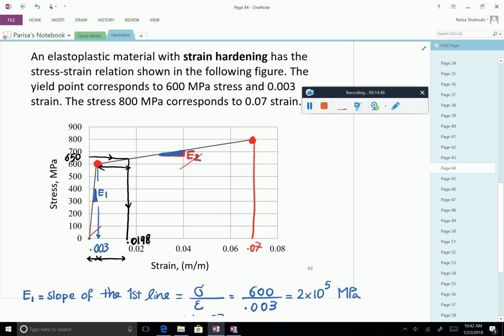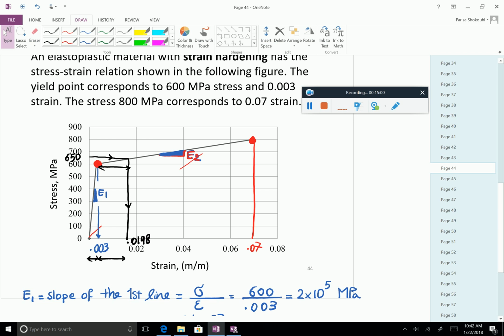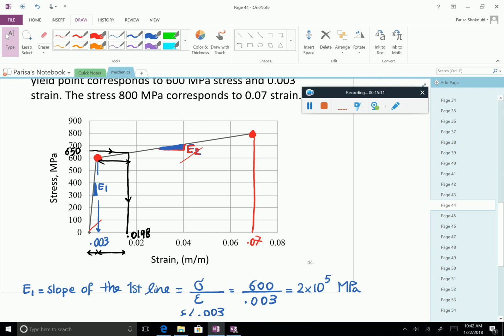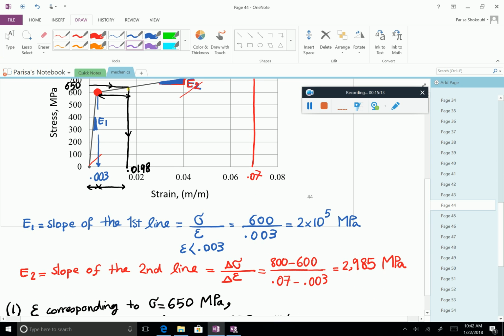Okay, if we unload, with which slope does it go back? Is it E1 or E2? Exactly. So, since we know that, it's going to be easy. So, this is part 1, we finished. Part 2, we are going to unload.